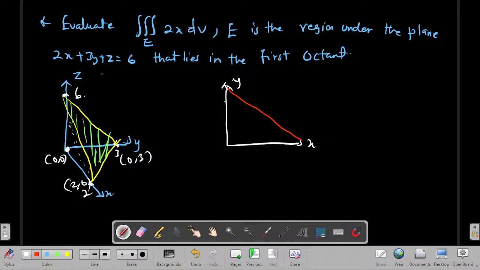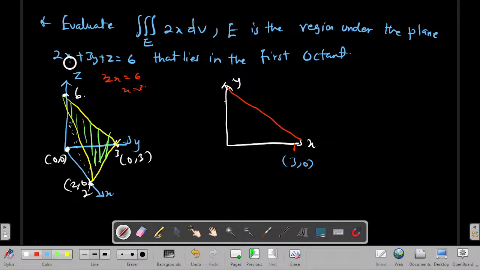If you want to find the x-intercept, you set y and z to be 0. That gives 2x equals 6, so x will be 3. When you are reflecting it on the XY plane, it changes, because it was in 3D space that we took 2, 3 and 6. But when I push it down and use the shadow on the XY plane, my x intercept is rather 3. So you get (3, 0).